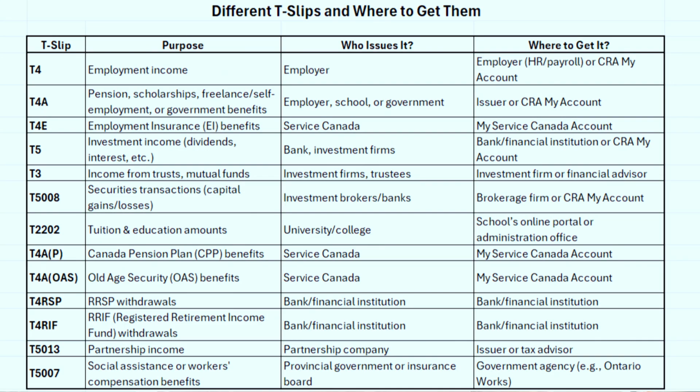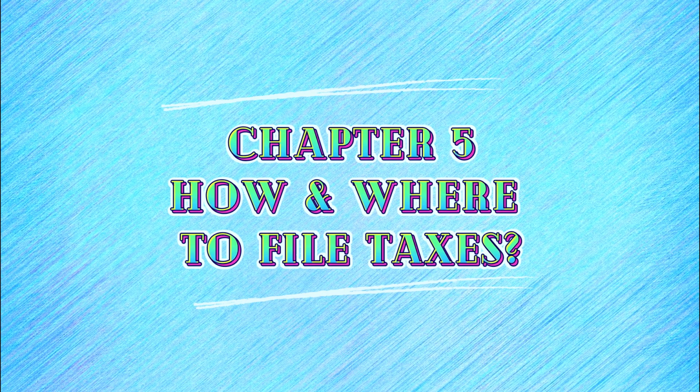I'm not going deep into all the tax slips that are out there, but I'm providing a basic checklist or a table here. You can just pause the video and see this checklist and check whether you need to collect the documents according to the category you fall into and have those ready.